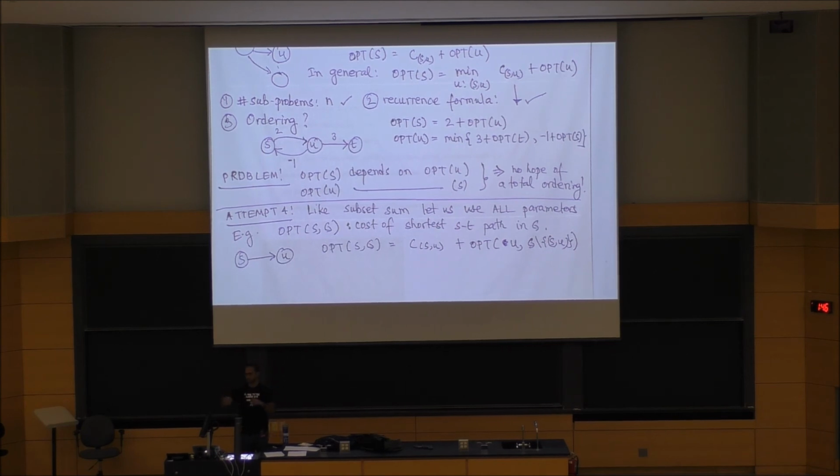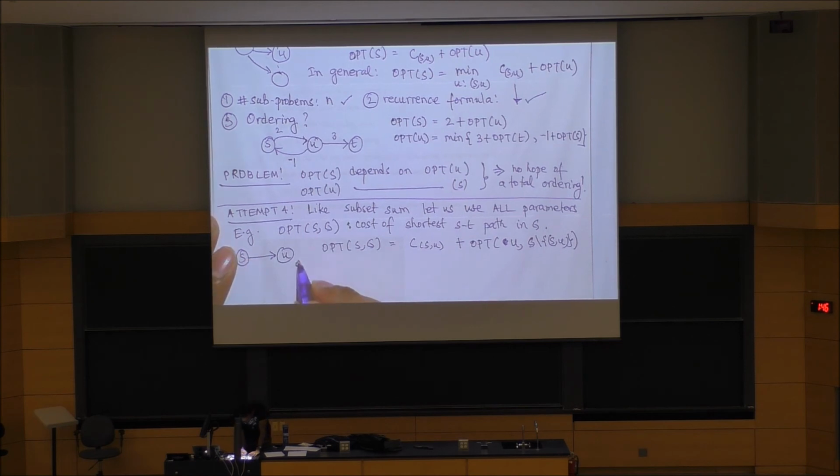I've made the graph a bit smaller. Or more generally, since S might have more than one outgoing edge, I'll have opt of S, G is the minimum over all possible neighbors U of S of cost of SU plus this quantity over here.